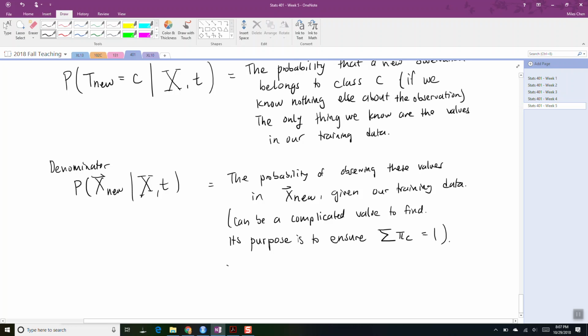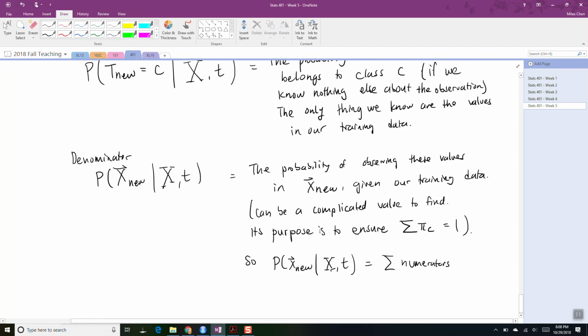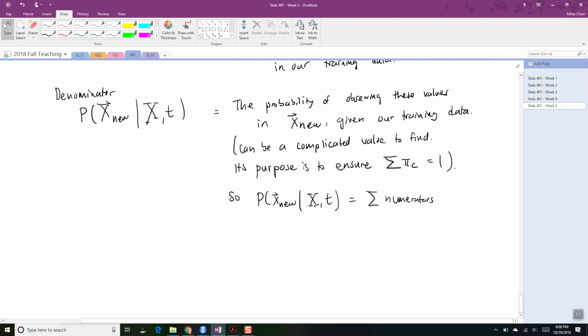So the probability of x new given your training data will equal the sum of the numerator values.